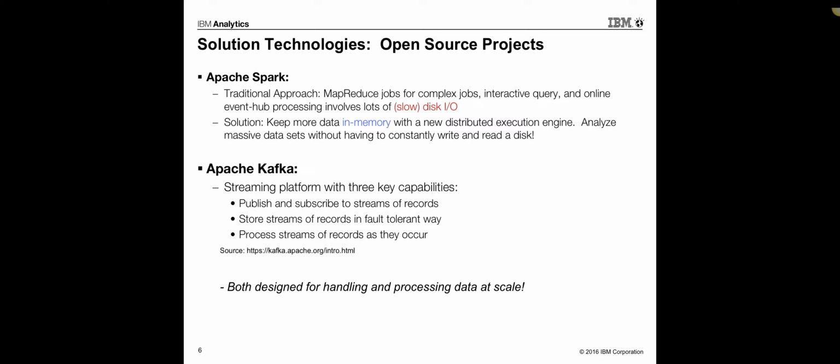So what is Spark? Well, we could spend a lot of time talking about what Spark is. I'm assuming that the audience knows at least a little bit about it, but at the most basic level, Spark is really the heir to MapReduce.